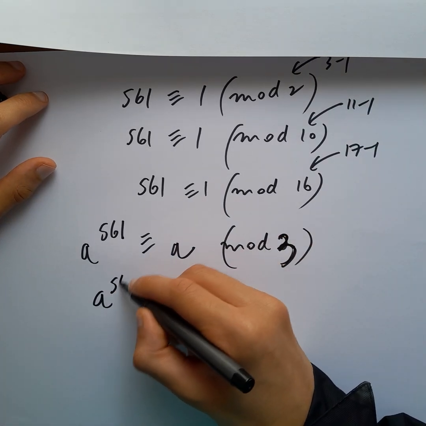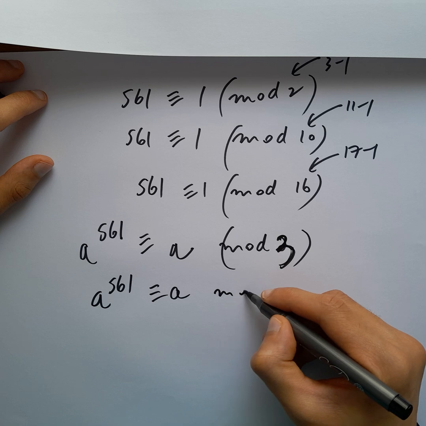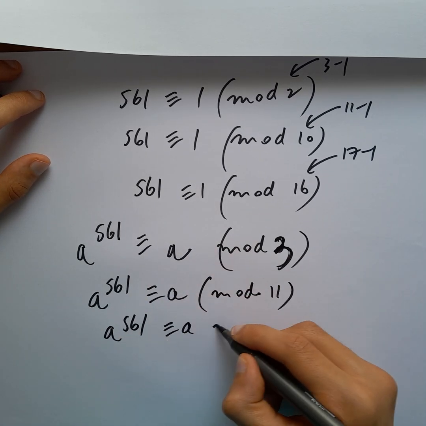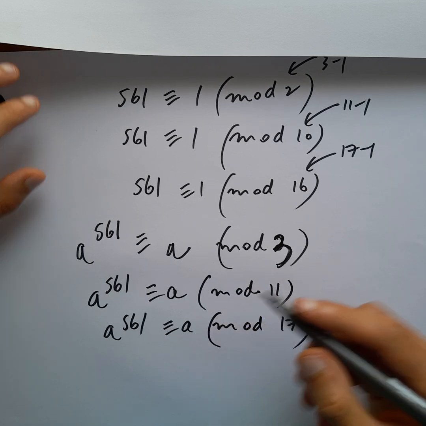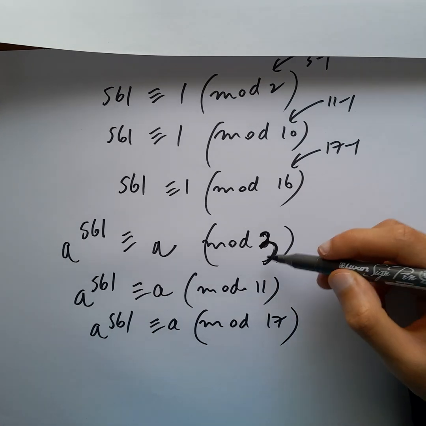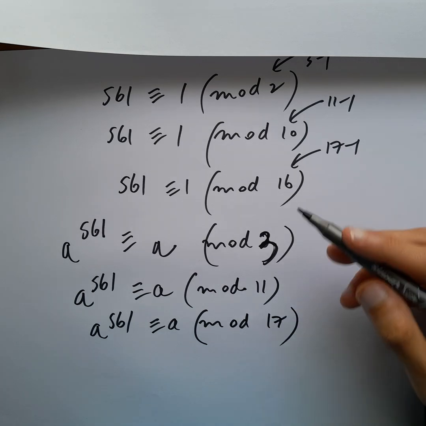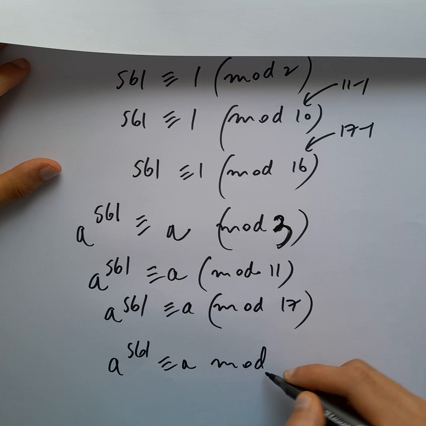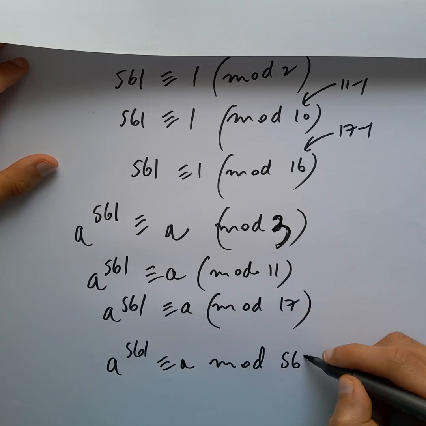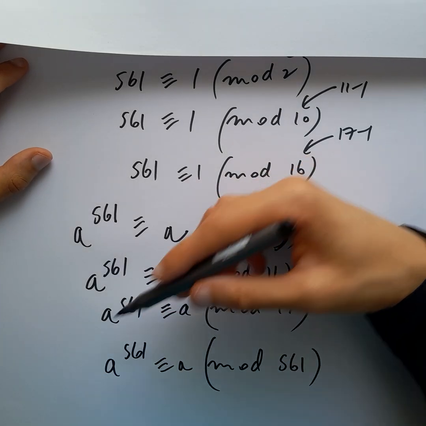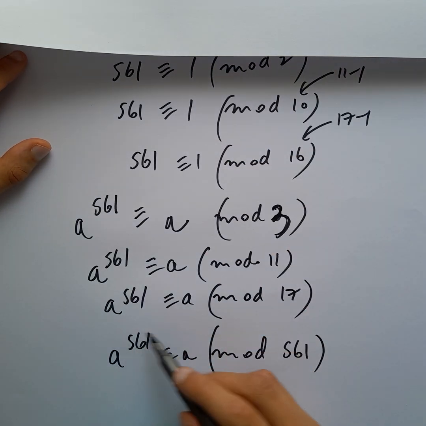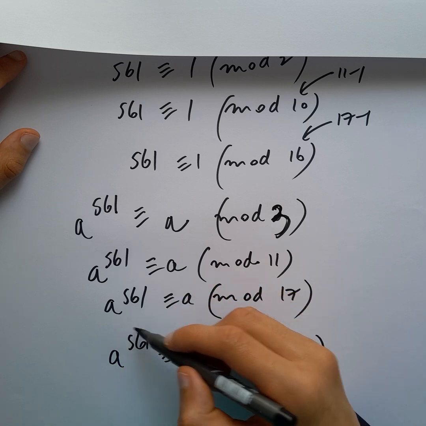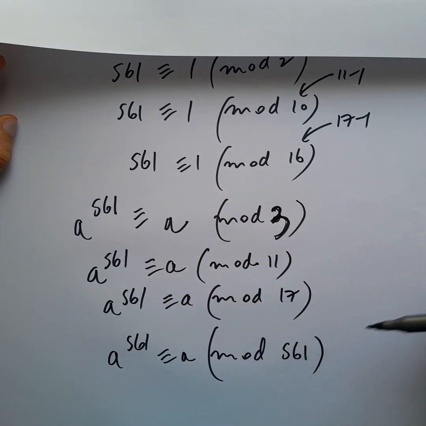So similarly, a^561 is congruent to a mod 11, and a^561 is congruent to a mod 17. Now 3, 11, and 17 are pairwise coprime, and so a^561 is congruent to a mod the product, which is 561, for all integers a. And since 561 is not prime, this shows that 561 is actually a Carmichael number.